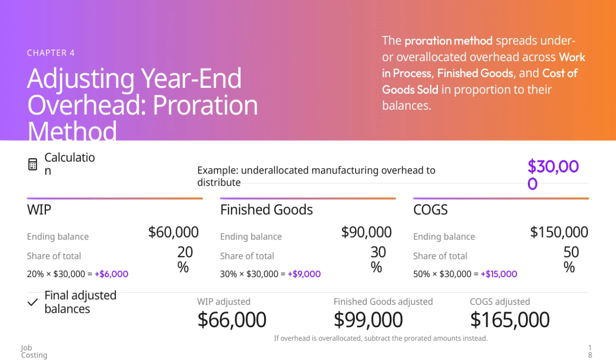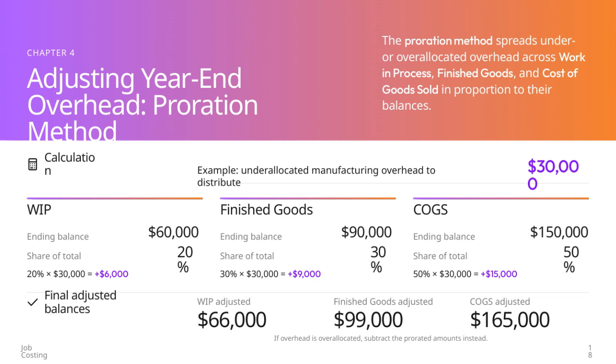We calculate each account's share of the total balance. WIP represents 20% of the total, finished goods 30%, and COGS 50%. To allocate the overhead, we multiply these percentages by the $30,000 underallocated overhead. For WIP, 20% of $30,000 gives us $6,000.